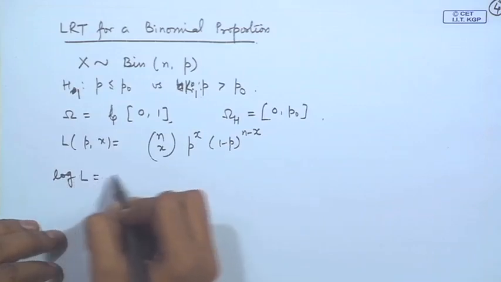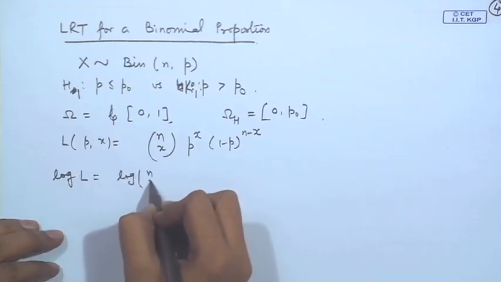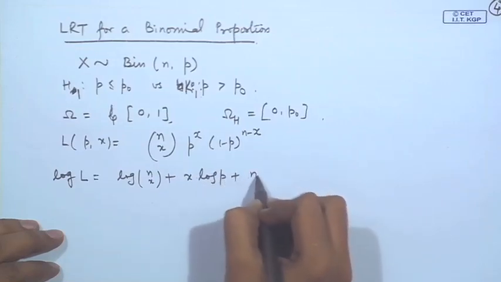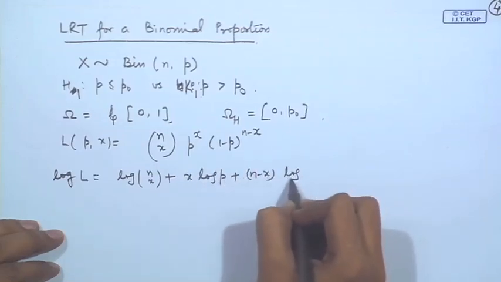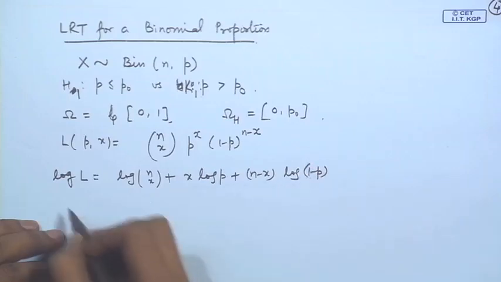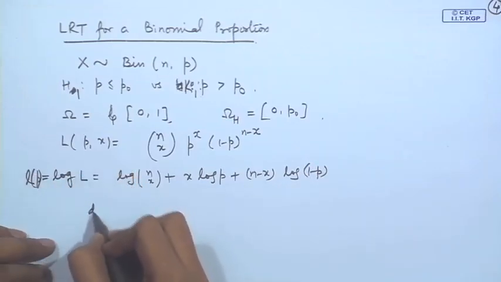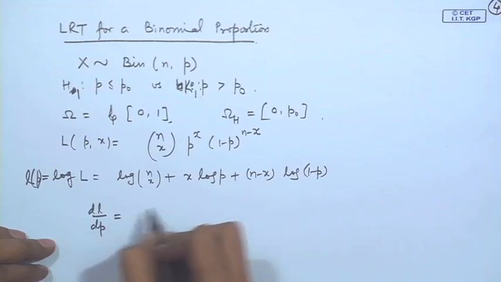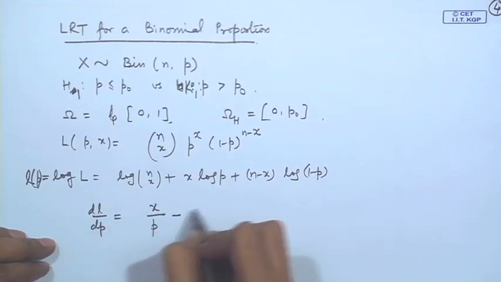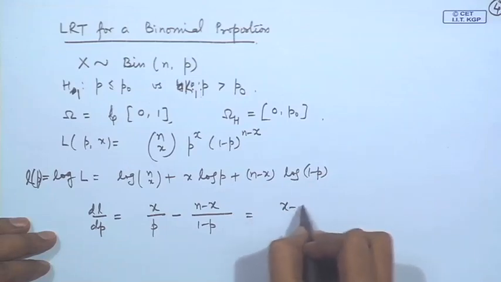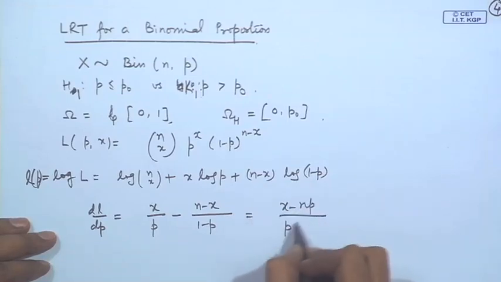So, I will write down the expression for that part. Log of the likelihood is log of nCx plus x log p plus n minus x log of 1 minus p. Let me write it as small l. So, dl by dp is equal to x by p minus n minus x by 1 minus p, that is equal to x minus np divided by p into 1 minus p.